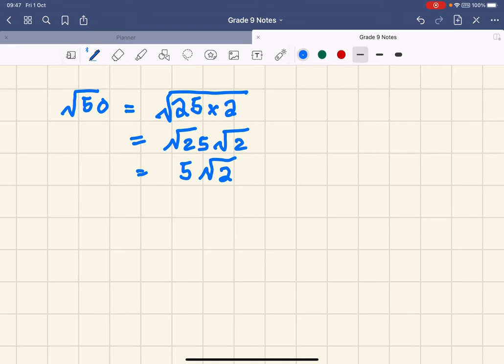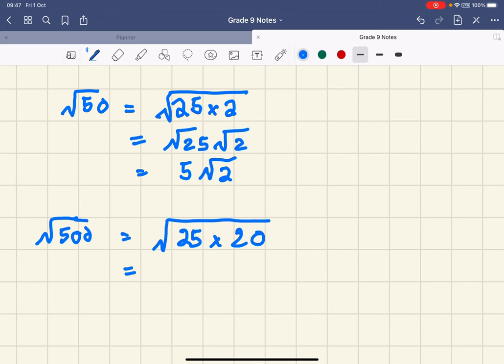Let's have a look at another one. Let's have a look at 500. Now, you may think, well, 25 goes into 500, and that's fine. So 25 goes into 500. How many times? You can double check this. I'm just going to double check on my calculator. It goes in 20 times. We already know that the root of 25 is 5, so that becomes 5 and root 20.